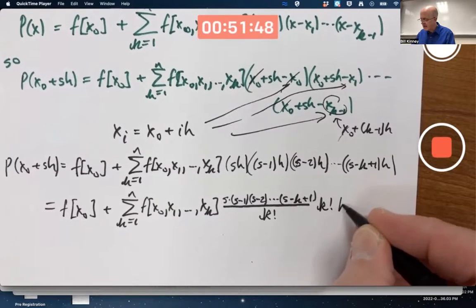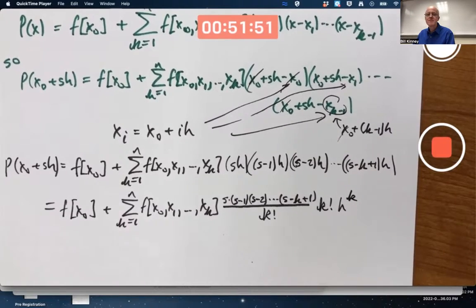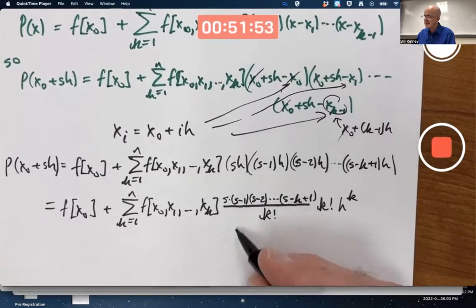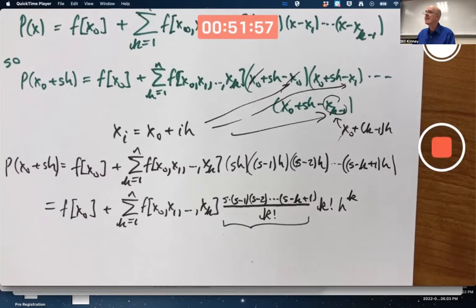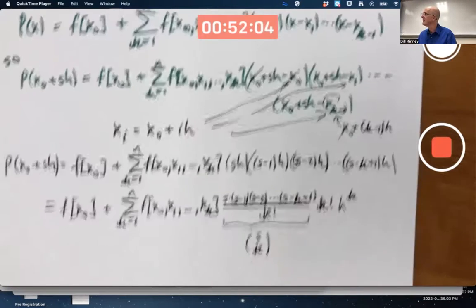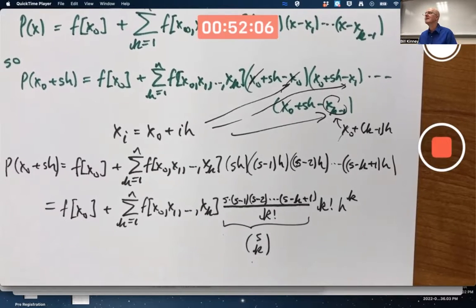And then don't forget about your h to the k power. Doesn't this seem worse? Well, it depends on your definition of worse. That is the same as s choose k. So it's actually, in some ways, better.